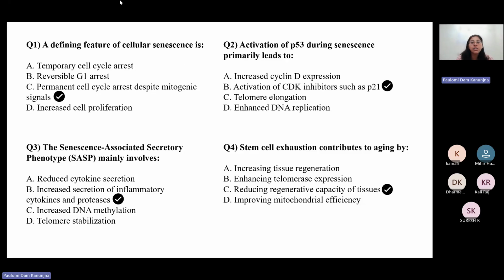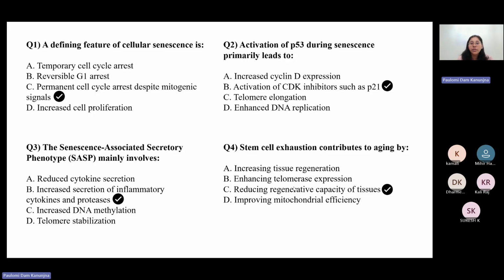Increased DNA methylation has nothing to do with epigenetic alteration effects at all. And telomere stabilization is not senescence. One of the keys of senescence is that it is undergoing telomere attrition, right? So the answer is that SASP involves pro-inflammatory cytokines, chemokines, growth factors, and proteases, which all affect the tissue microenvironment and then cause effects like tissue remodeling that I had mentioned, right?